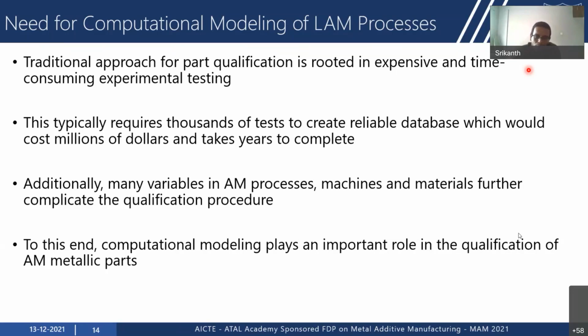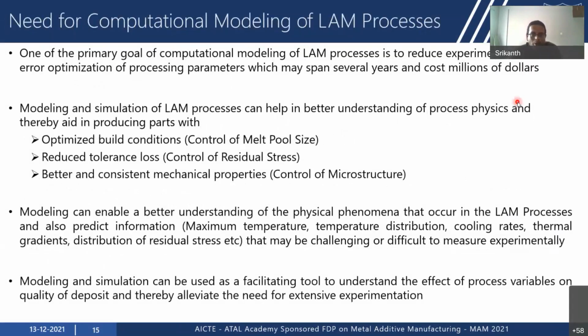Therefore, computational modeling is expected to play a vital role in the qualification of parts produced by additive manufacturing processes. One of the main goals of computational modeling is to reduce the experimental trial and error method that is generally used to optimize process parameters. This experimental optimization needs a lot of time and involves a significant amount of money.